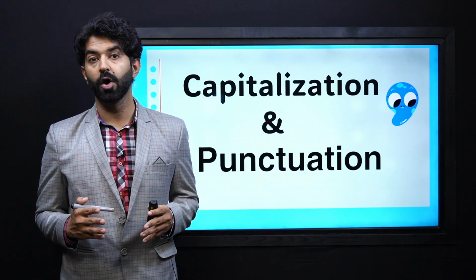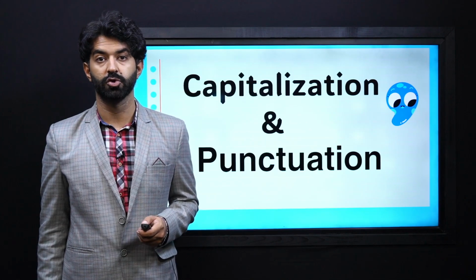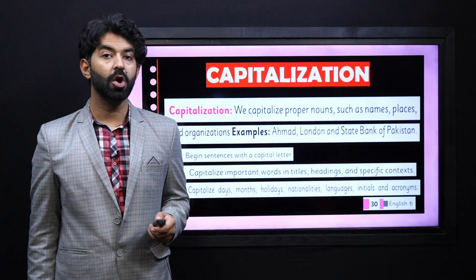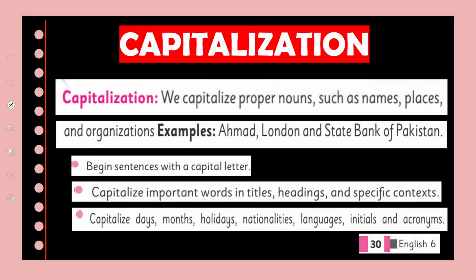Now, let's move on to our topic, which is about capitalization and punctuation. Let's talk about capitalization first. So, capitalization is when we capitalize proper nouns such as names or places and organizations.